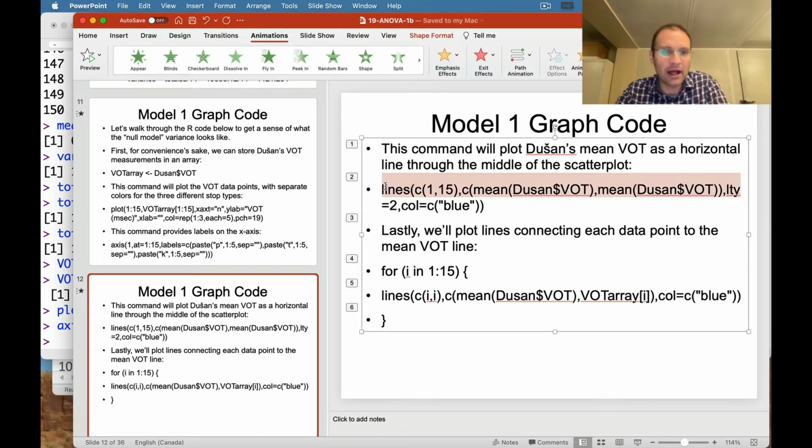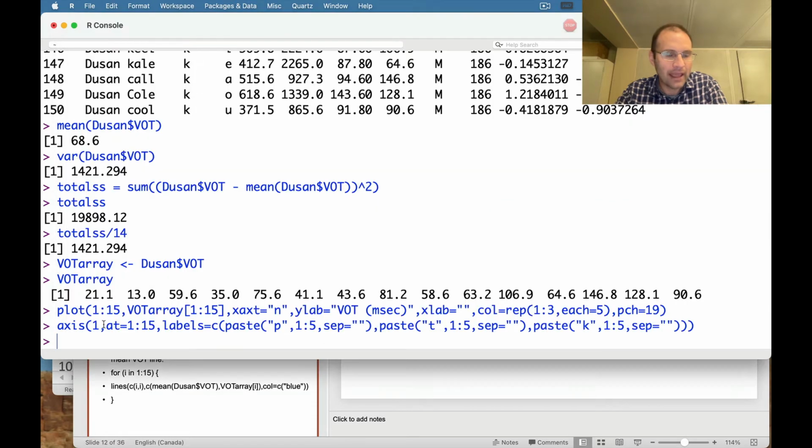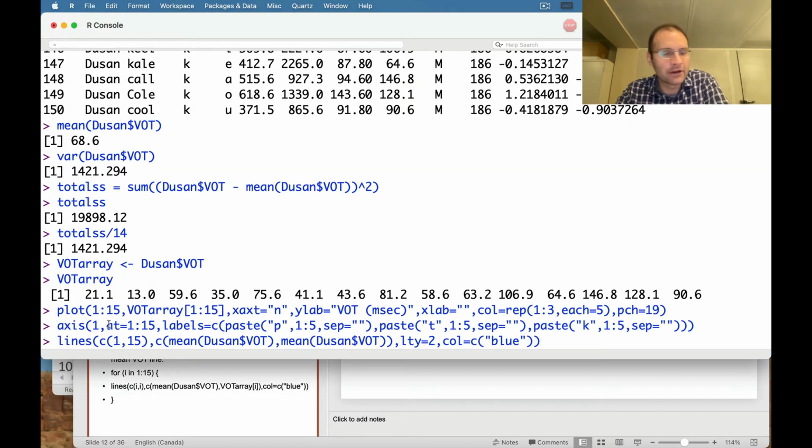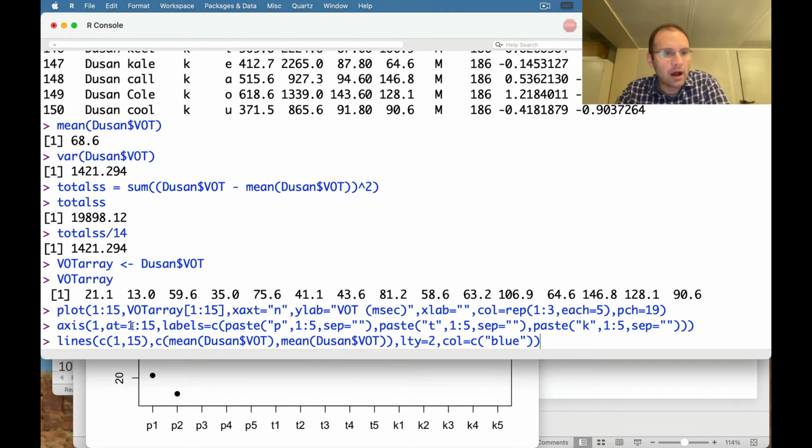So I'm going to plot the average VOT value here for Duchamp's data, and I'll explain how this works as well. So when you use the lines command, I think we've seen this before when we were looking at residual error in the regression analysis. It's the first bit here before the comma is the values you plot for x.